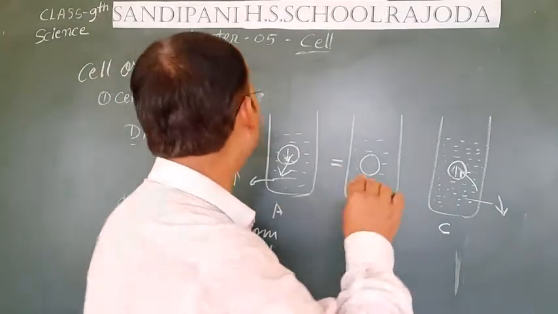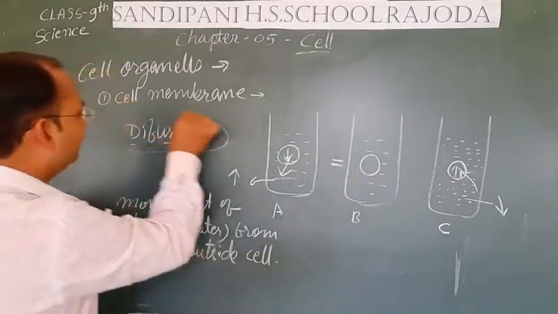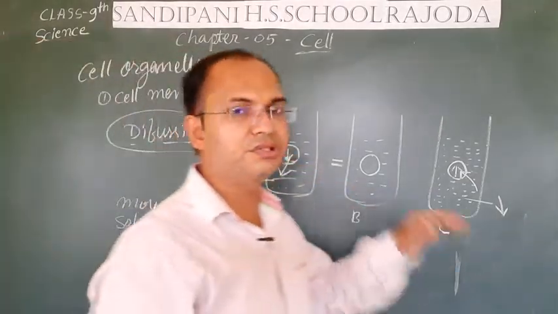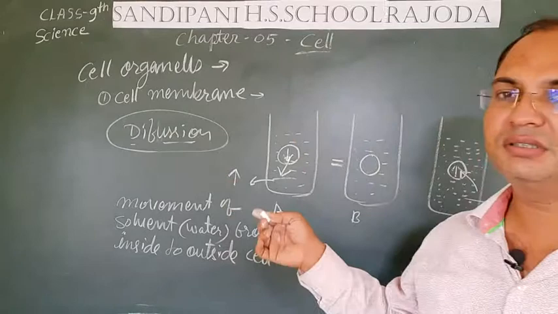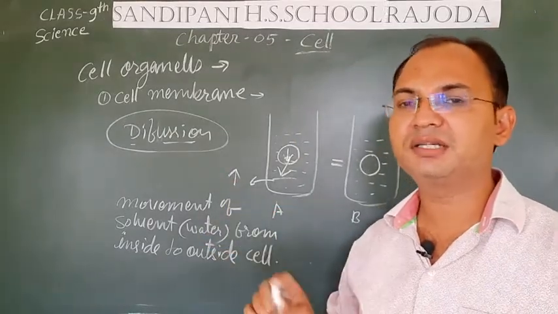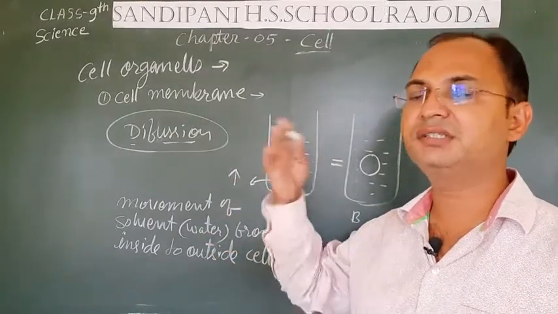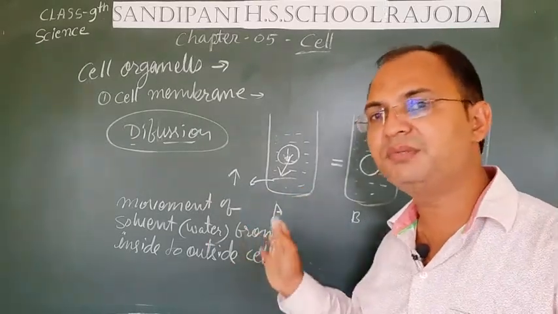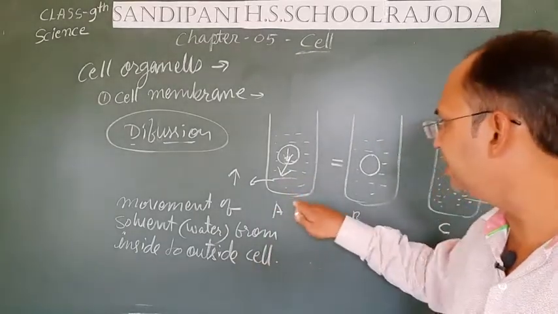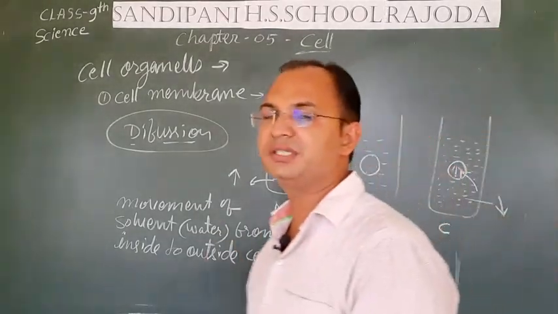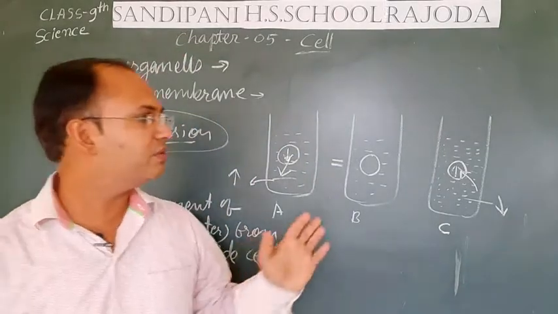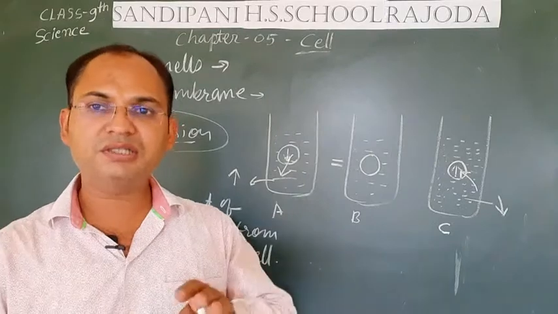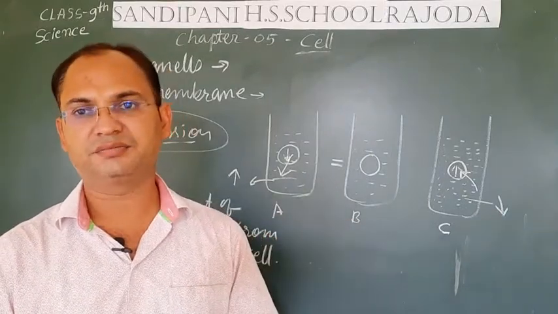So students, if we compare this phenomenon to diffusion, it is just opposite to diffusion. In diffusion, the movement of the solute particles takes place from higher concentration to lower concentration without the boundary of any semi-permeable membrane or any membrane. But in these two cases, the first and third case, the movement of the solvent particles is taking place from the lower concentration to higher concentration.